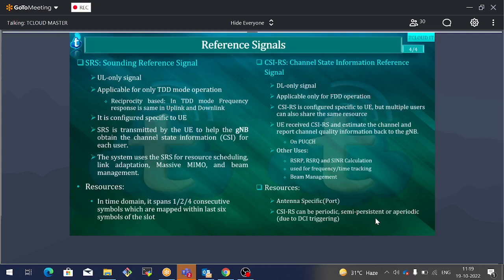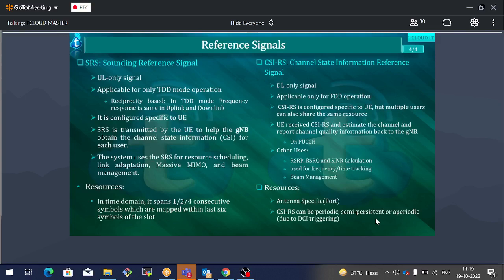So they thought that this SRS can be helpful for the G-Node B itself to decide the CSI information for downlink. That means the mobile equipment is not required to report CSI in uplink using the PUCCH channel.